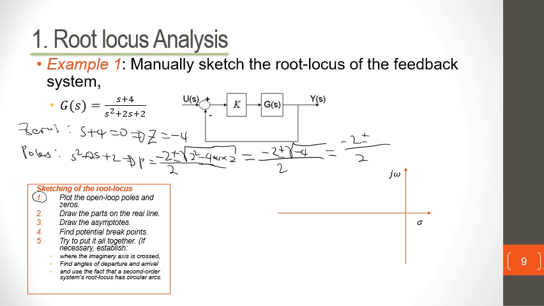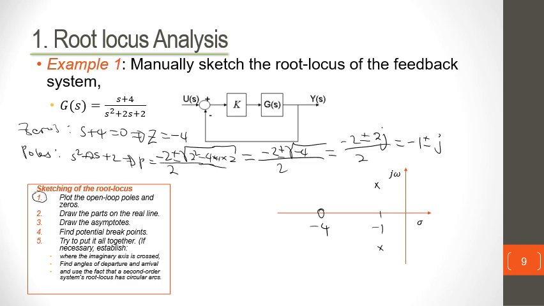The square root of negative 4 is 2j. So in fact we have negative 1 plus or minus j. This would be the conjugate pole pair. So around minus 1 we have 2 conjugate pair poles here, and then the zero would be located around minus 4.